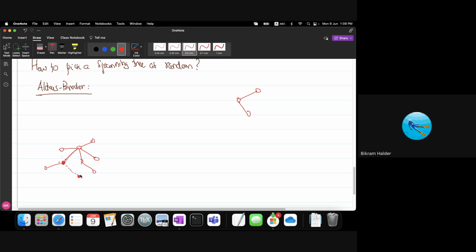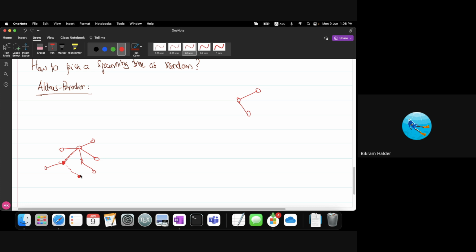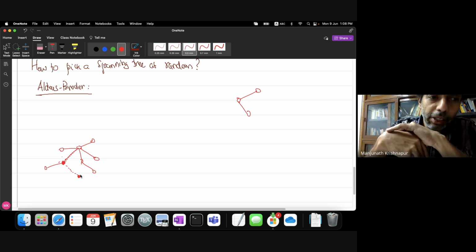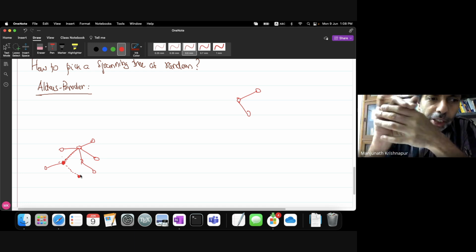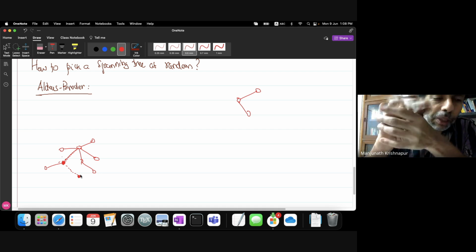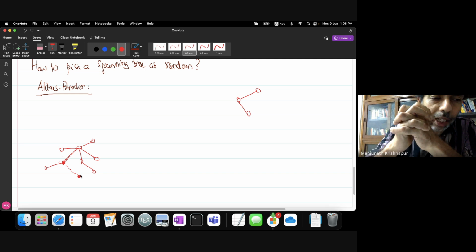So do you know mixing times of such chains? Oh, the mixing time. No, this one is just exact sampling. It's a good question how long it takes. It's an algorithmic question. But you see, this is a Markov chain which gives you an exact way to sample a spanning tree.